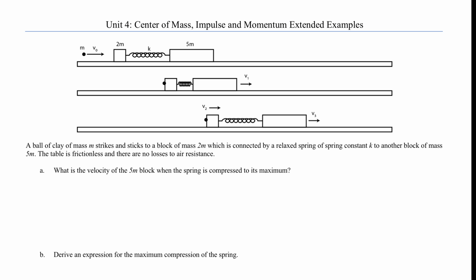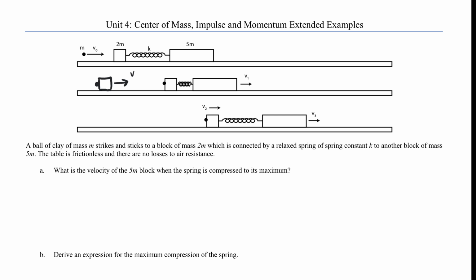There is a part of this problem that doesn't involve anything but the clay and the block, where there is a velocity after the collision but before the spring is compressed. Would you agree with that? I'm going to call this velocity V. That okay?